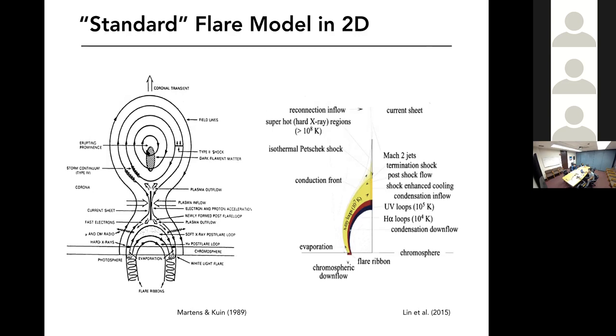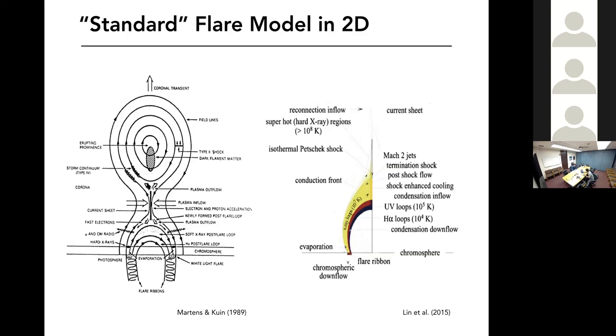And in this particular configuration, there is a dark filament material, plasma, that is supported by the magnetic field tension force. It just sort of hangs out there, supported by the tension force against gravity. And when this flux rope gets ejected, somehow this filament will get ejected. And that is the dark filament material you just saw in the AIA movie.